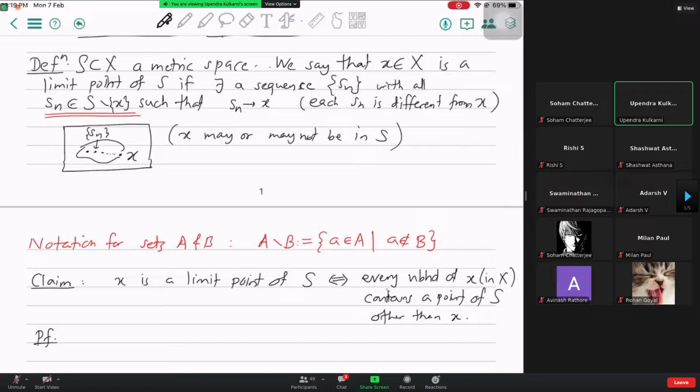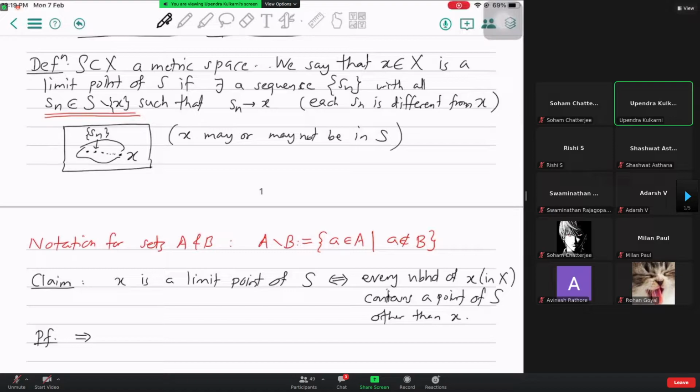That means I have to prove two separate things. First I get to assume what is written on the left hand side, and then I prove what is on the right hand side. And then I also have to do the opposite way. Both are required. So let's just do it systematically. So let us say the proof of the forward condition. Right? What does this mean? This means that X is a limit point.